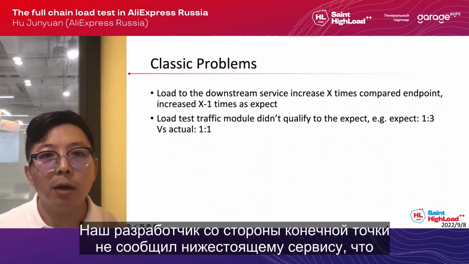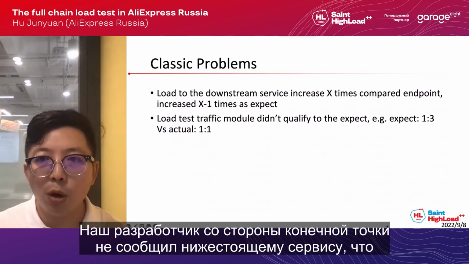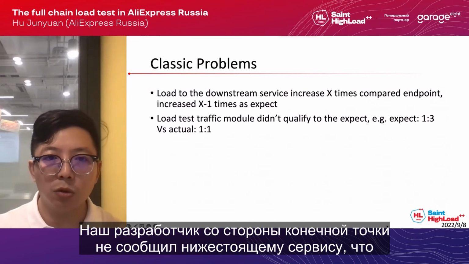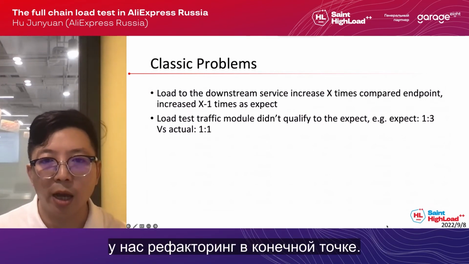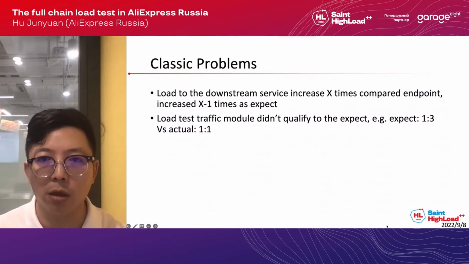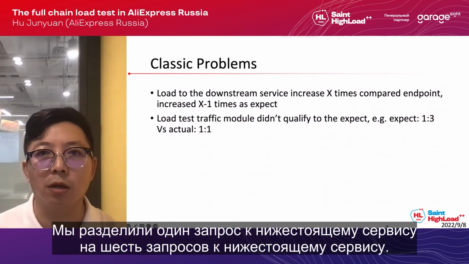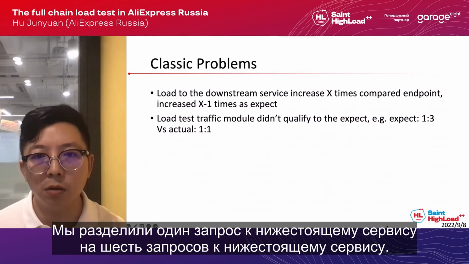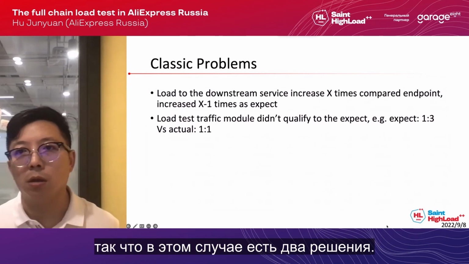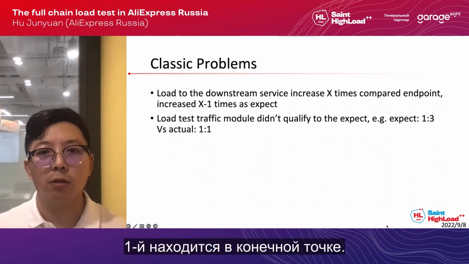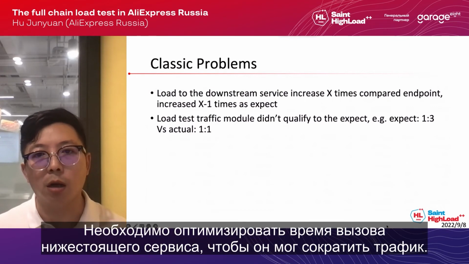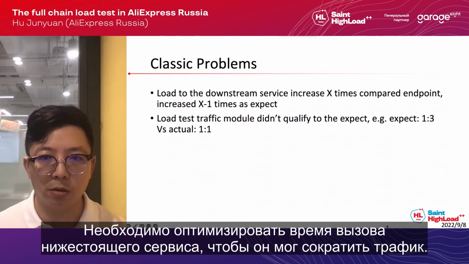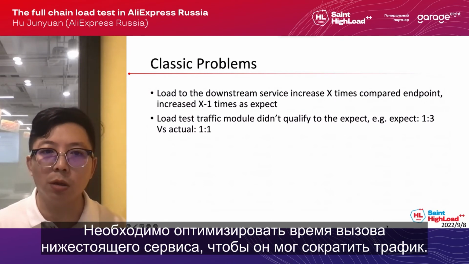This also revealed a problem: our developer on the endpoint side didn't announce to the downstream service that we had refactored the endpoint, splitting one request to the downstream service into 6 requests. So in this case, there are 2 solutions. First, at the endpoint, optimize the calling times to the downstream service, so it can reduce the traffic.